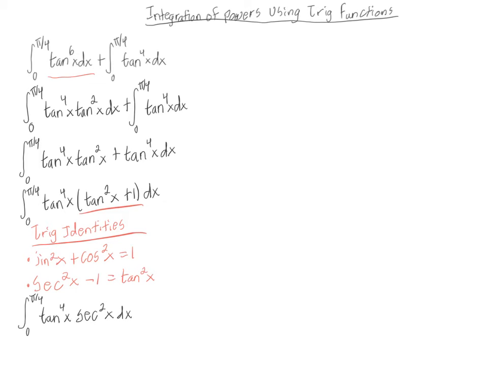That's how we would simplify that. So now we know that the integral from 0 to pi over 4 is tangent 4x secant squared x dx.